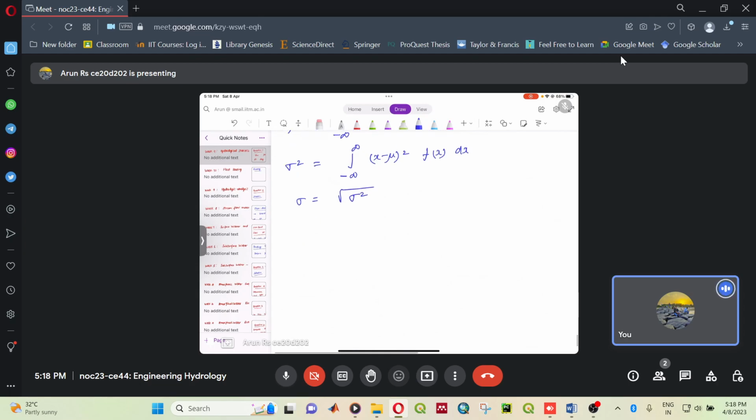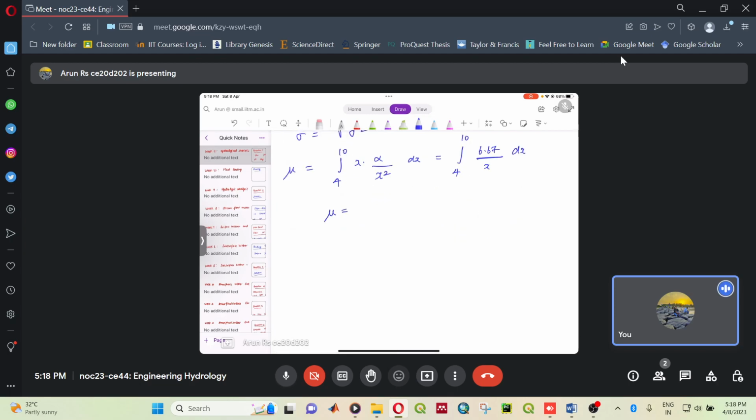So first we'll find the mean. We'll integrate between 4 to 10 again, x into f of x dx, alpha by x square into dx, which will give us the integral from 4 to 10 of alpha, which is 6.67, divided by x into dx.